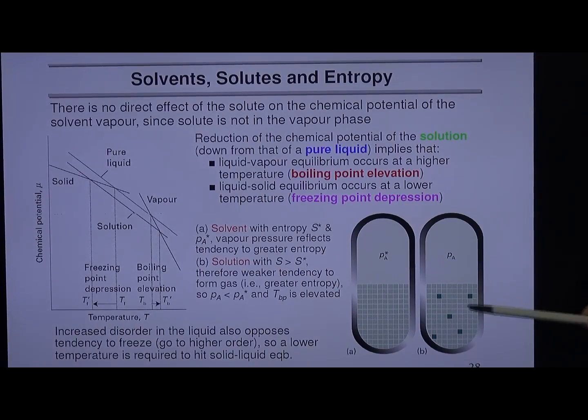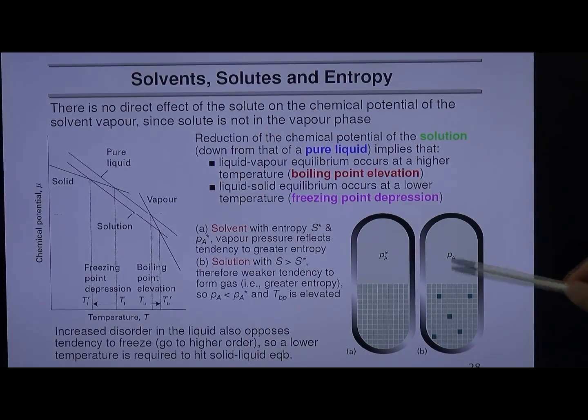If you put some material in it, as you have learned before, vapor pressure decreases because these other materials hinder these original solvent molecules from vaporizing, okay?